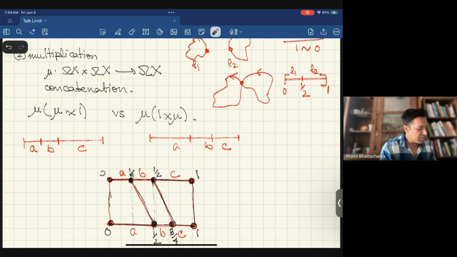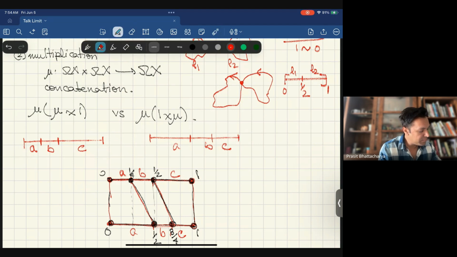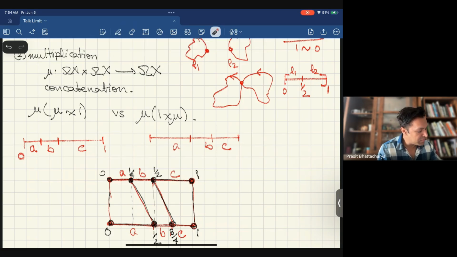The difference will lie in the fact that if you look at the unit interval 0, 1, you will notice in the first case, you're using a quarter of the interval for the loops A and B, the first 2 loops, and then you are adjusting the third loop into the second half of the unit interval.